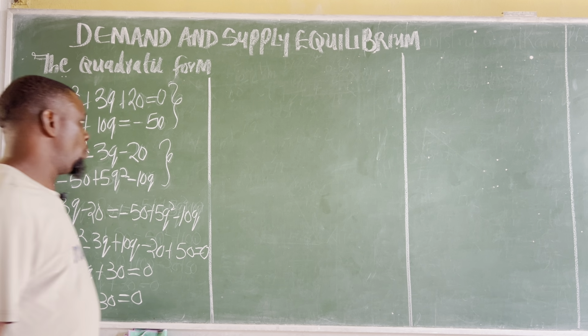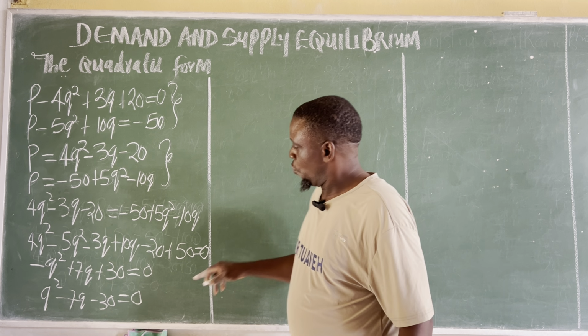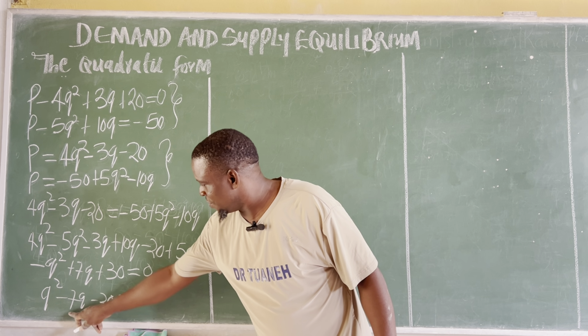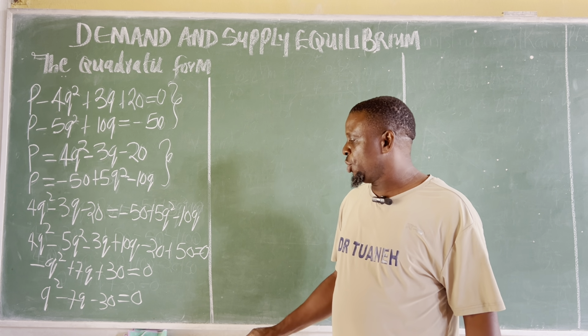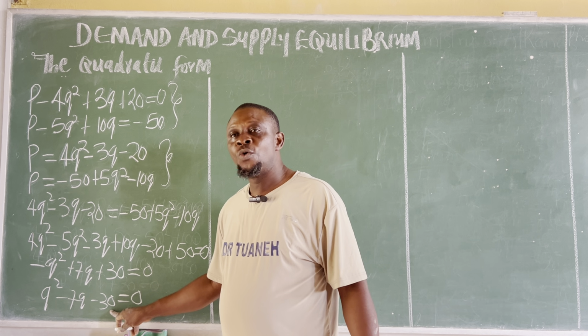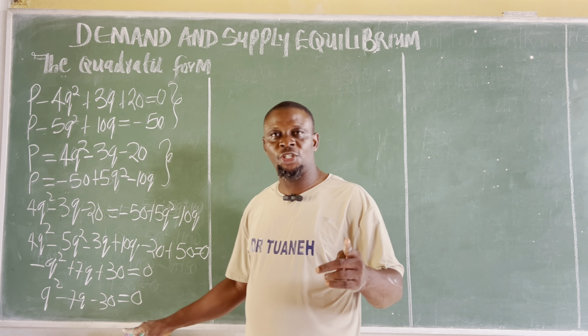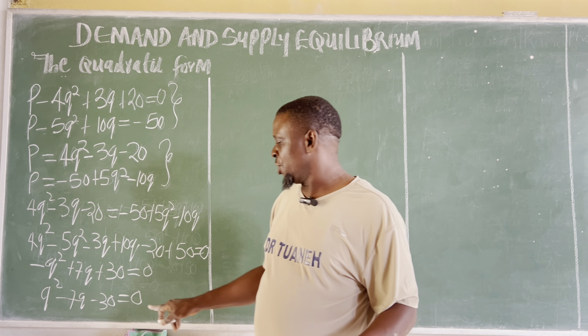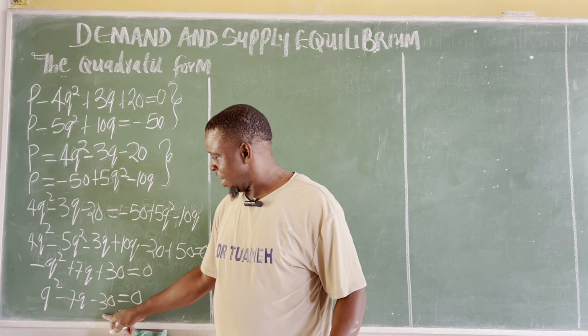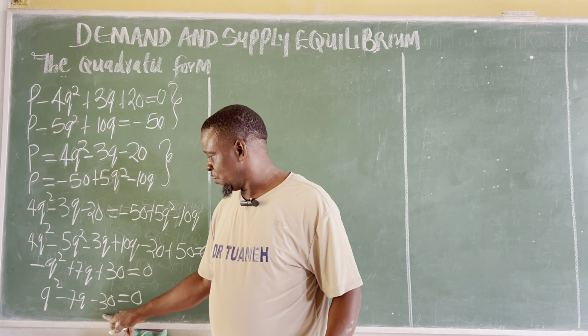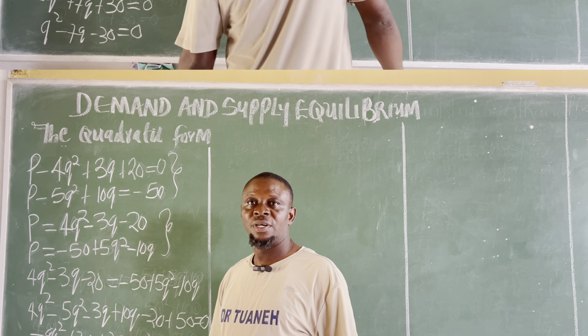And so if you look at what we have here, now we have minus 7 and minus 30. So what we do if we are using factorization, we look for two values such that if you multiply the values, it will give you minus 30, and when you add those values, it will give you minus 7.